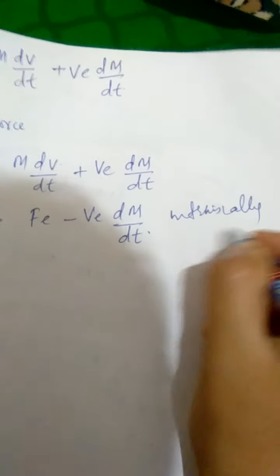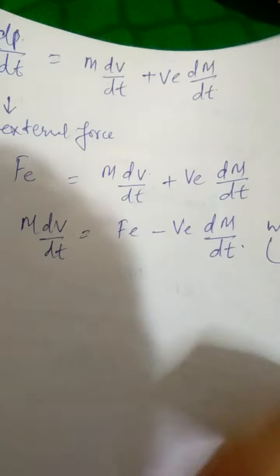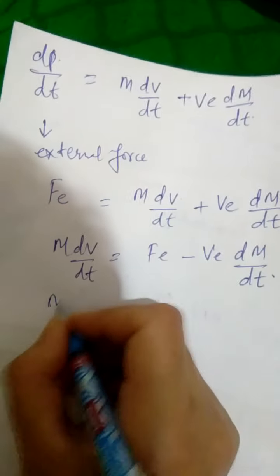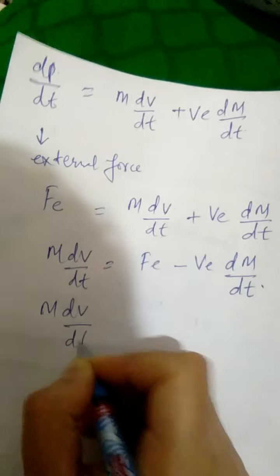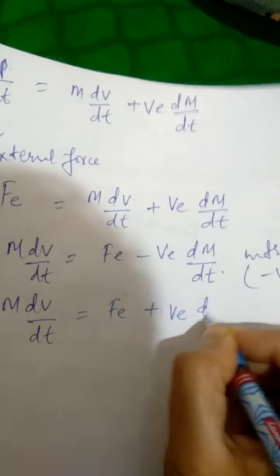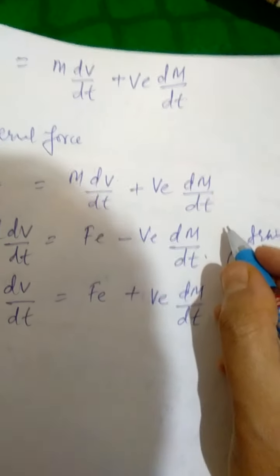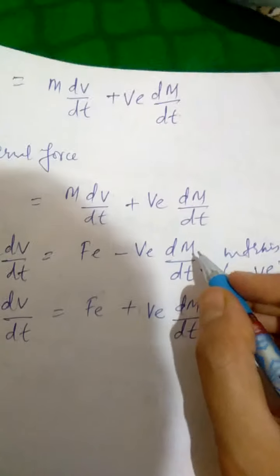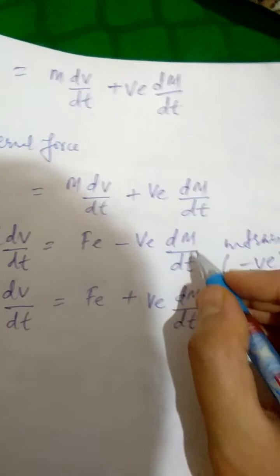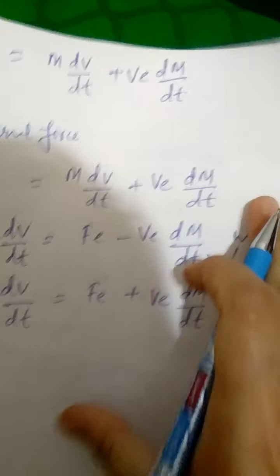So for this dm by dt, we give a sign from here that it is negative. Once we do that, m dv by dt is equal to Fe plus ve times dm by dt, because we have replaced dm by dt by minus dm by dt, because we know that this rocket is losing mass on account of exhaust gases with every passing moment.